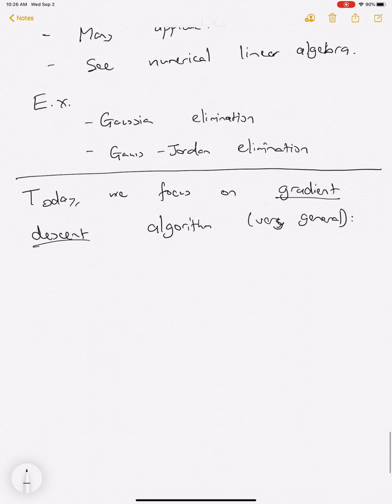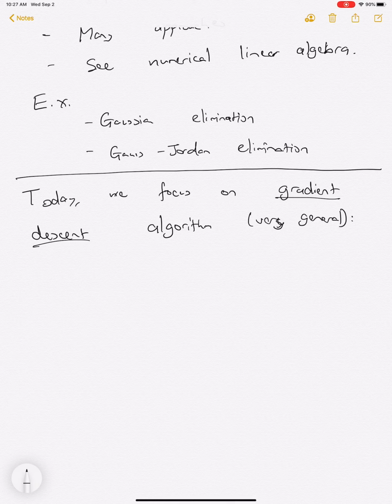Today we're going to focus on the gradient descent algorithm, which is very general. We'll see it a lot, particularly in the first half of the course. It's probably one of the most widely used, if not the most widely used, algorithms, and it gives a lot of insight into how other algorithms perform. We'll go through gradient descent for solving these linear systems today and probably into lecture 5 as well.